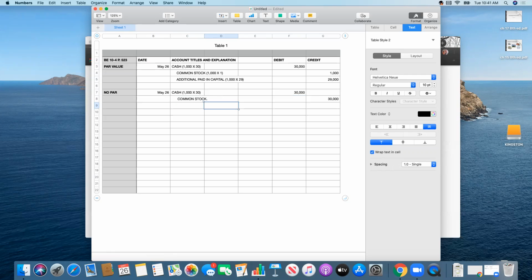Okay. And that's an example of no par, right? So this is the ACC 101 method, right? And this is the ACC 102 method. So that's all there is to that, right? All you're doing is you're taking the $30 and you're splitting it into two parts. You're splitting it into a $1 part and a $29 part, right? That's all of it. That's all this means.